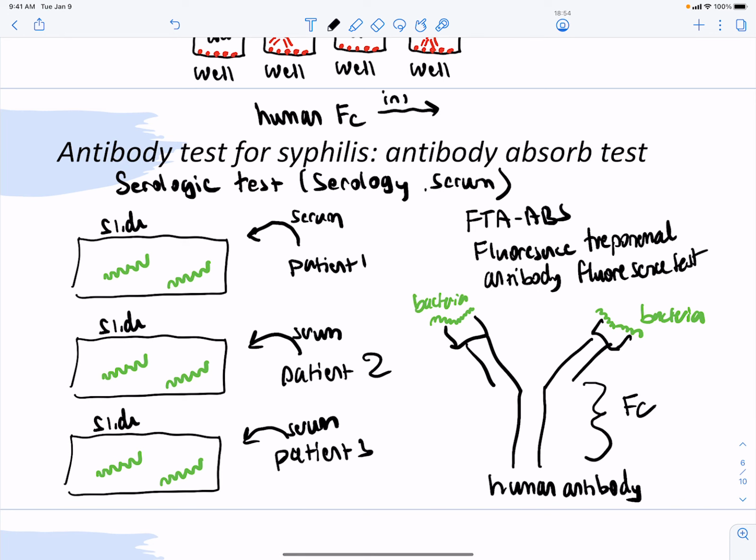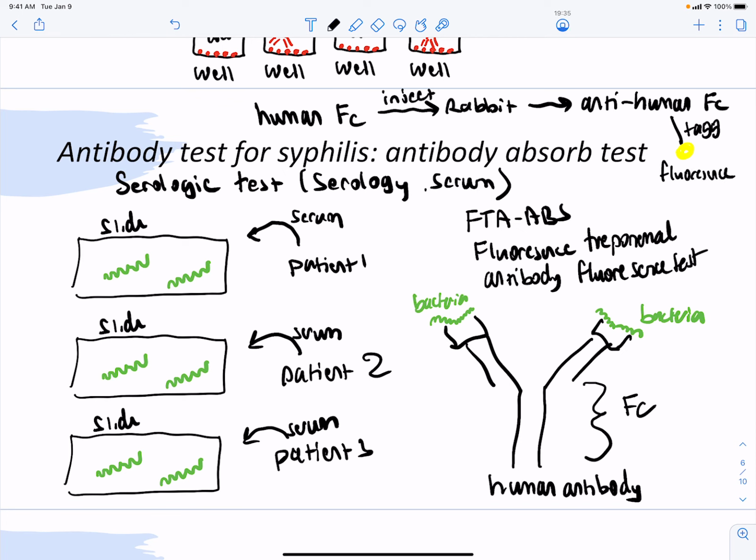And then the rabbit will make, I'll just draw it out, anti-human Fc. Okay? Then you can take this anti-human Fc and you can tag it with a fluorescence. So you can make a tag that will make it glow if it binds.